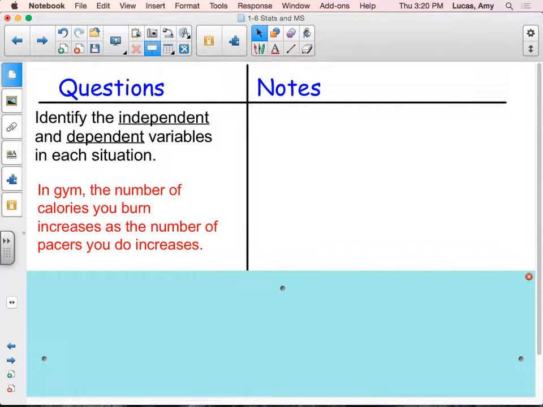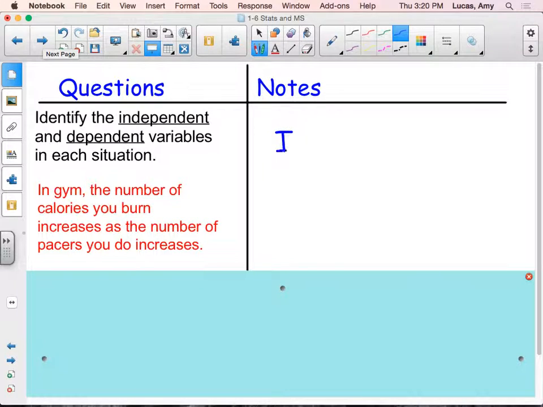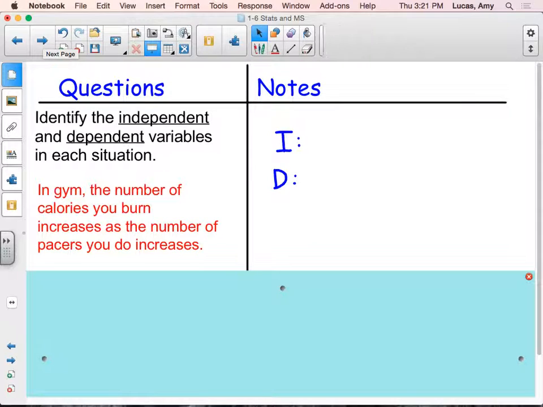Okay, so in gym or phy ed class, the number of calories that you burn increases as the number of pacers you do increases. So we need the independent variable and then the dependent variable. What are the two things that we're talking about here in this situation? What are they?